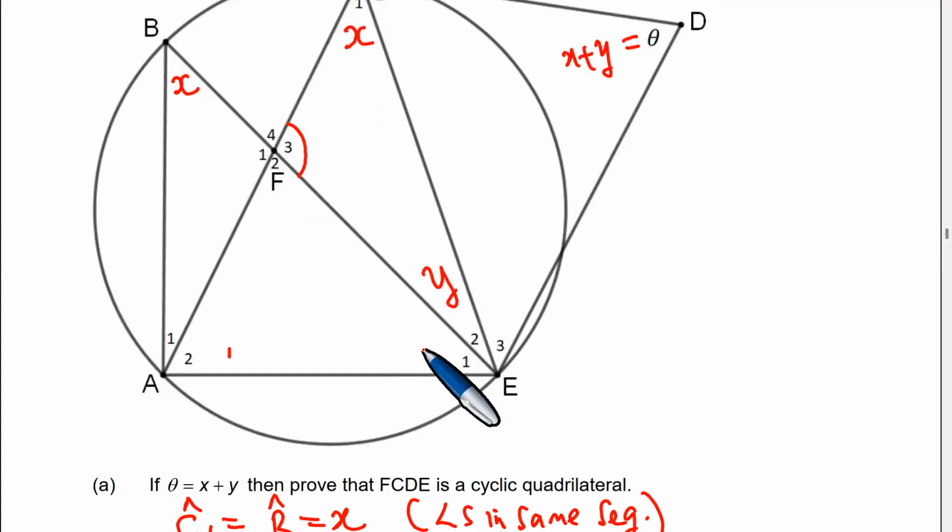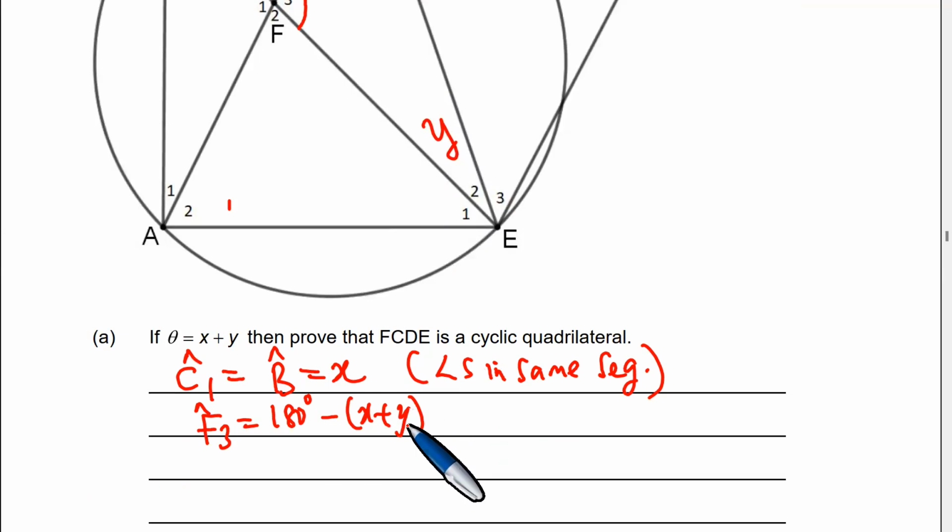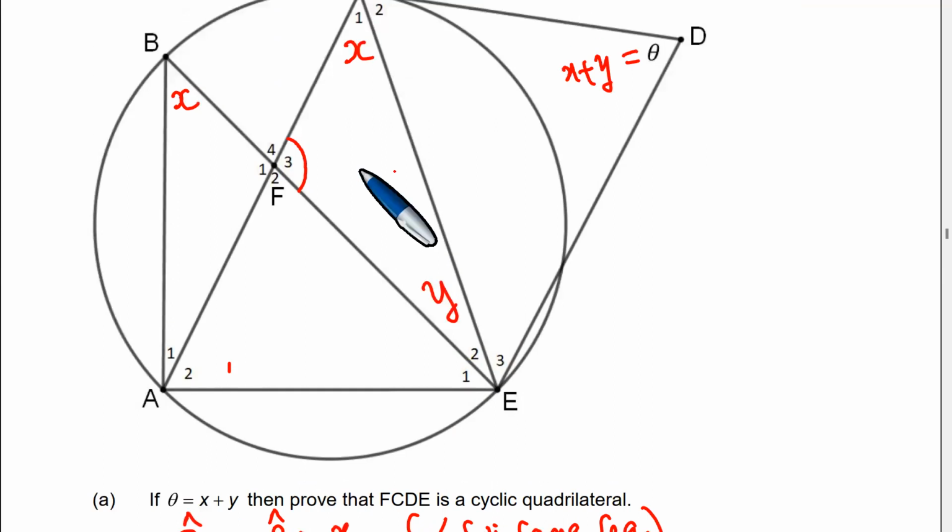Why? Because we're dealing with angles in a triangle. If we say angles in a triangle, then we know their sum is 180 degrees. And that means here we can already say that this angle is 180 degrees minus (X plus Y).